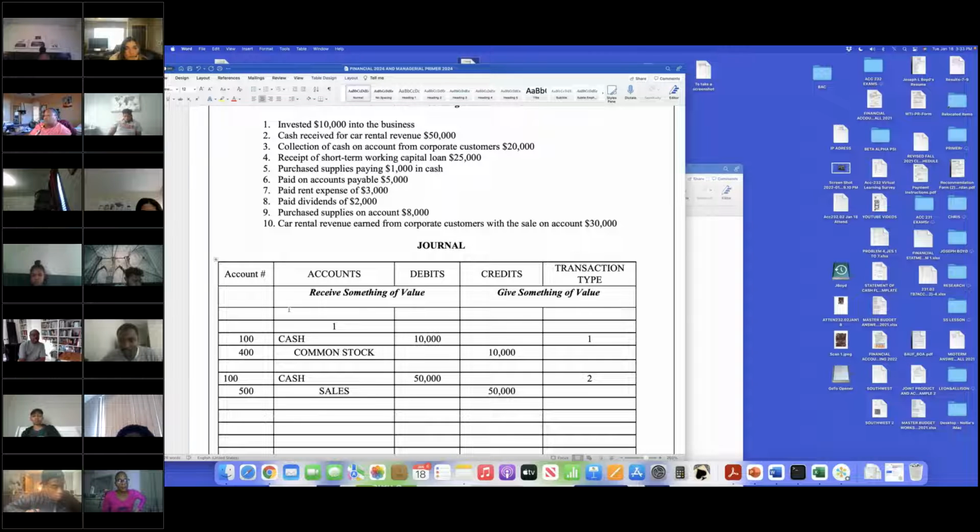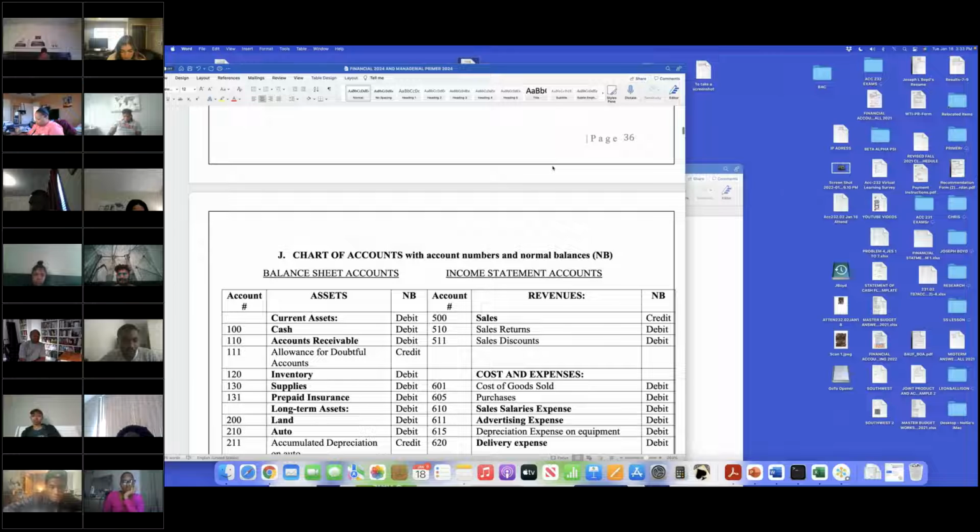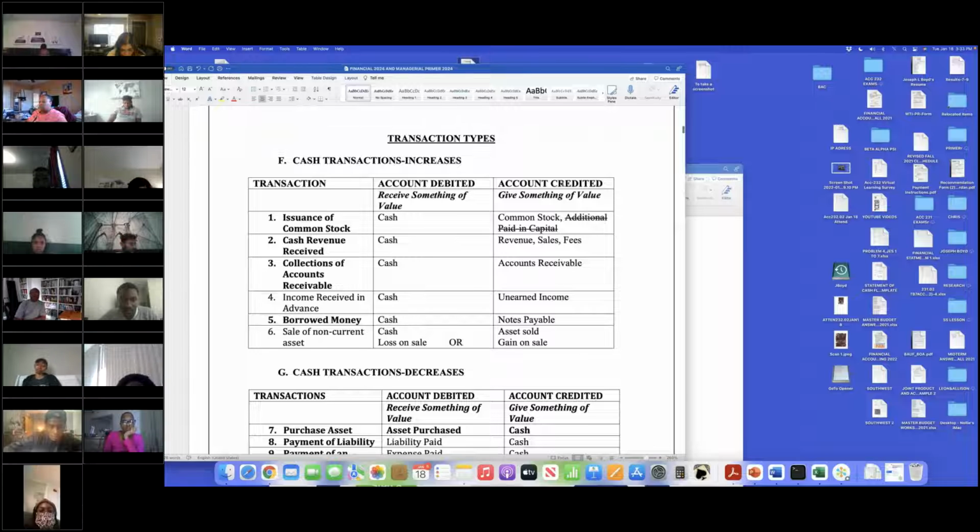Number 3, we said we collected cash on account from corporate customers. So, students, which one is that? Since cash is coming in, it's got to be 1 through 6.